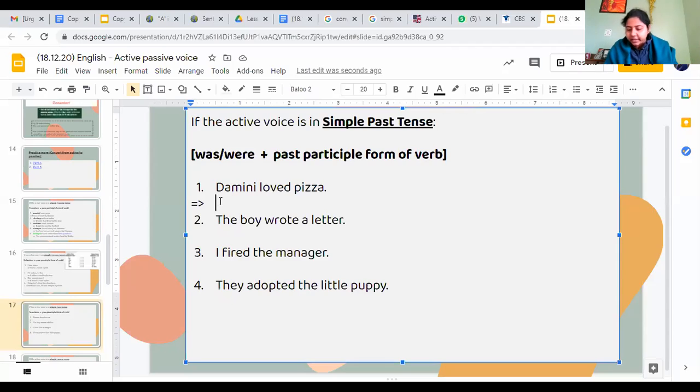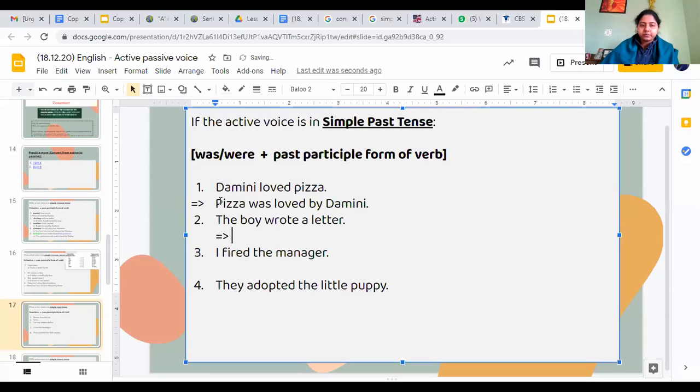Yes, all answers are right. Lakshmi, Bhumika, Vaishnavi. Yeah, again the same thing. I will interchange the object and subject. So pizza aa gaya samne. Then was or were mein se I will use was because pizza is singular. So pizza was. Third form of loved is loved. And then by Damini. Damini is a proper noun, so it will remain the same.